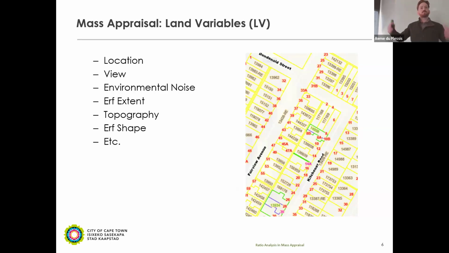We have a data collection manual that specifies exactly what our data collectors and valuers need to look for when describing which one of the 5 categories for your view you fall into. We also look at things like what is the environmental noise at your property, as well as the erf extent, your topography, the shape of your erf, etc. This is a non-exhaustive list.